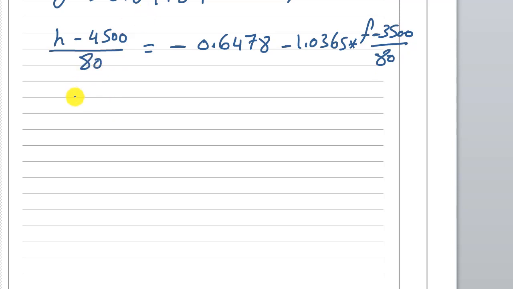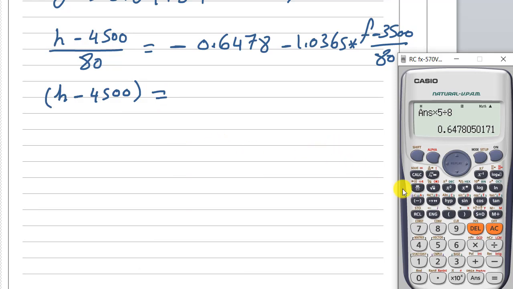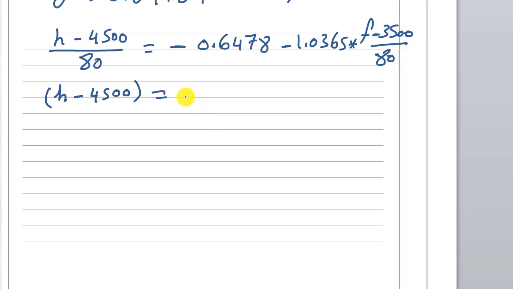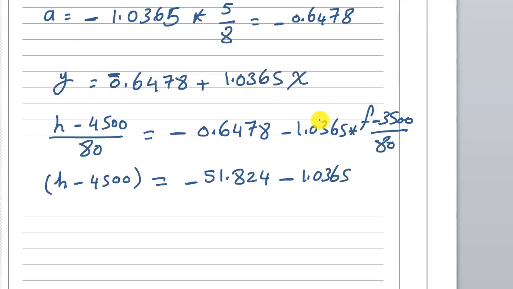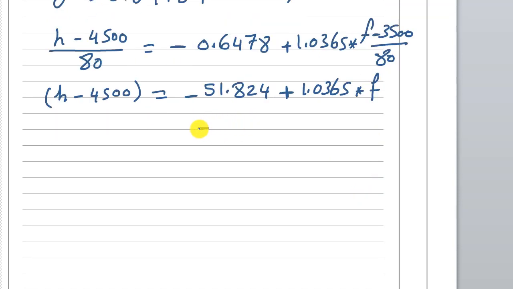Let us multiply by 80, so h minus 4500 is equal to minus 51.824 plus 1.0365 multiplied by f minus 3,500 multiplied by 1.0365.